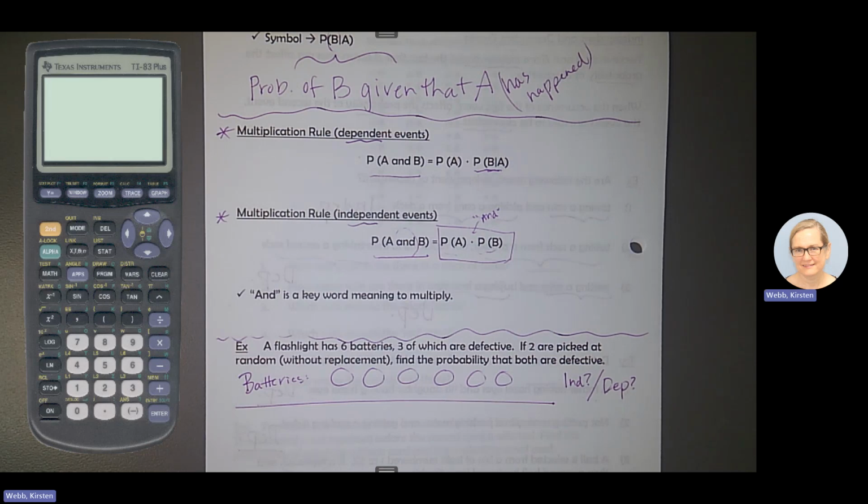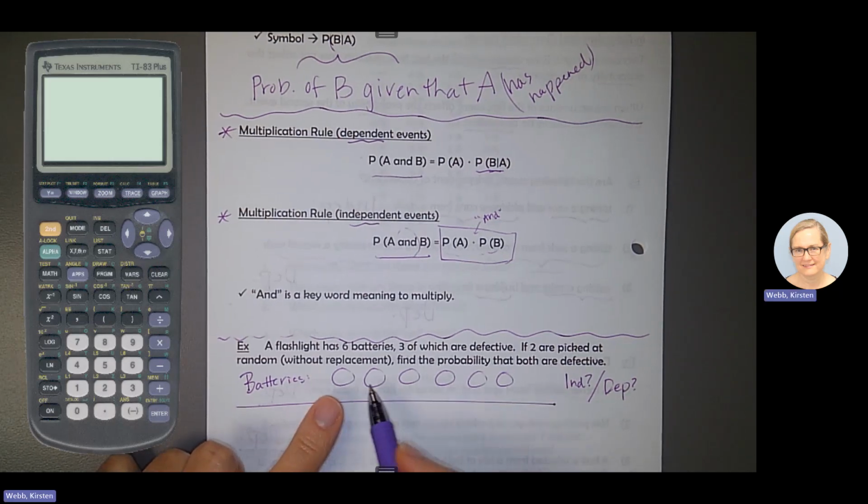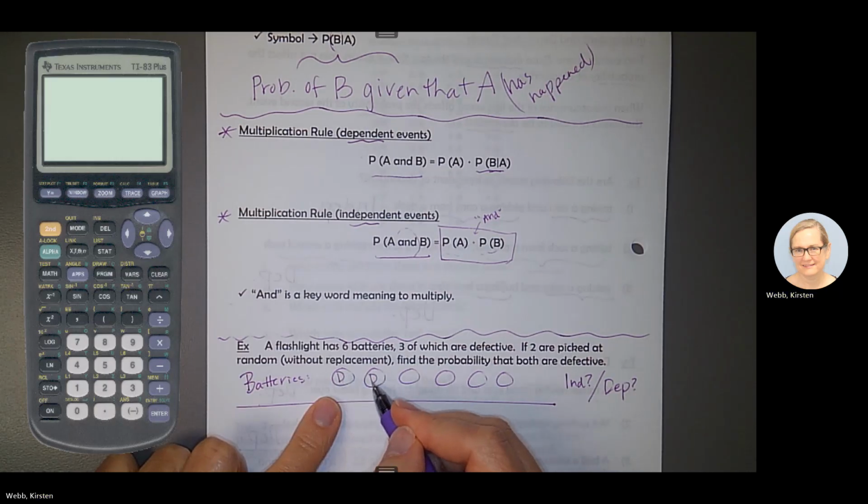Like a pretty big flashlight, doesn't it, with 6 batteries? Picturing big flashlight batteries, maybe they're smaller. So in this flashlight, we have 6 batteries and 3 of them are defective. So I'm just getting my information together here. I'm thinking 6 batteries, 3 of them are defective.